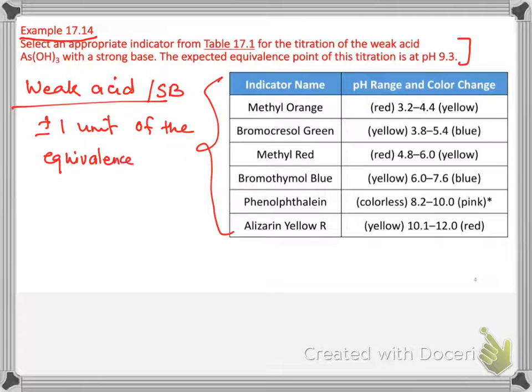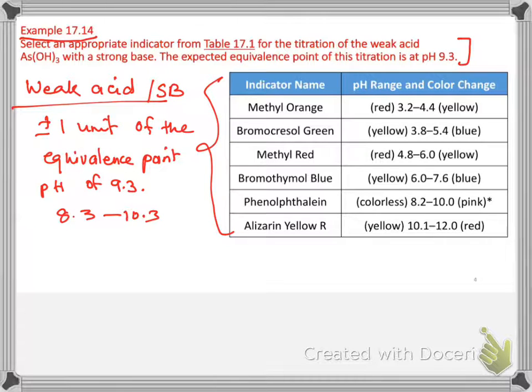Equivalence point, pH of 9.3. So that means any indicator that shows the change in color from 8.3 to 10.3 will work.